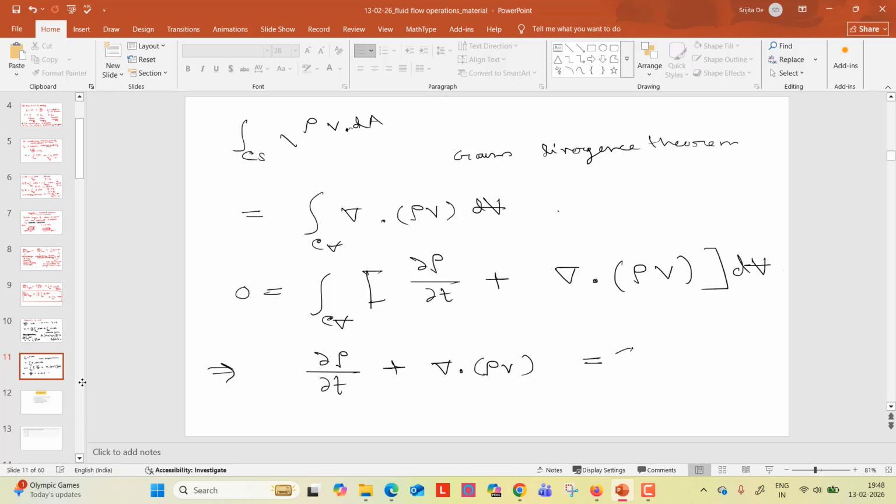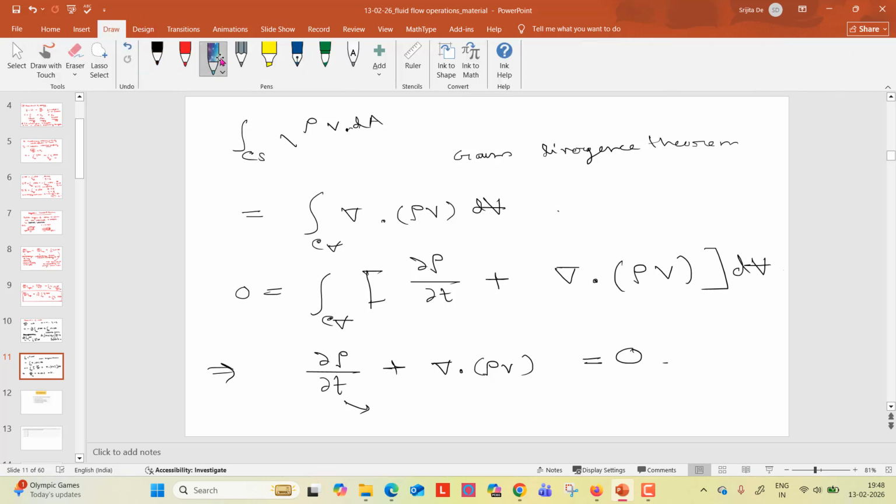So this is called the continuity equation, or conservation of mass in a flow field, and it is valid anywhere for any system. So this is your continuity equation.